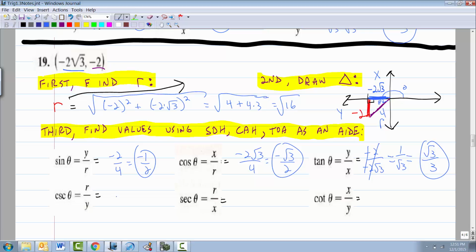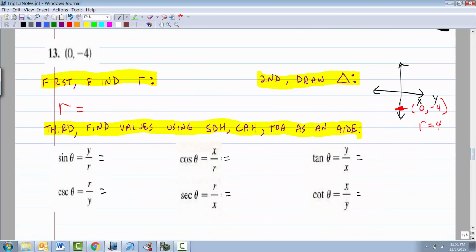Get good with rationalizing. This is easy to flip. This one is not as easy to flip because we have to rationalize, but this is what I'm talking about. You're going to do this so many times that rationalizing better not be the thing that holds you up in trig. And then don't flip this, flip this. What's 1 over root 3 flipped? Just root 3. That stinks to flip. Got extra math there.